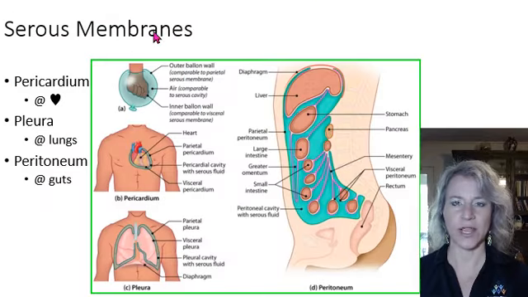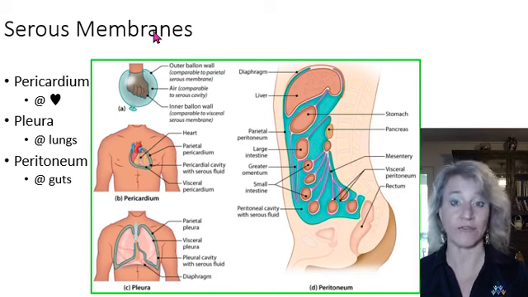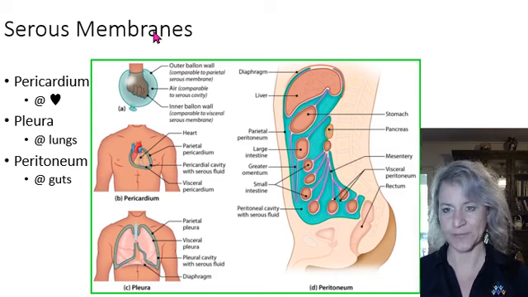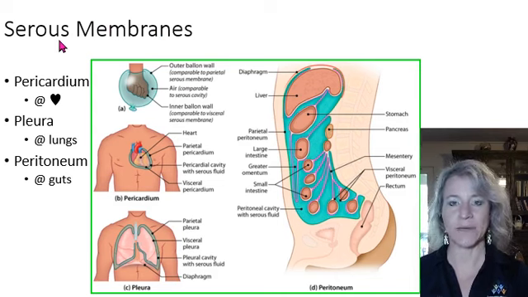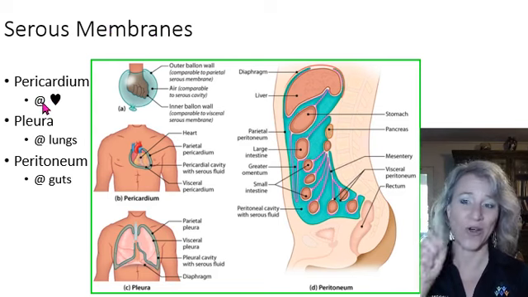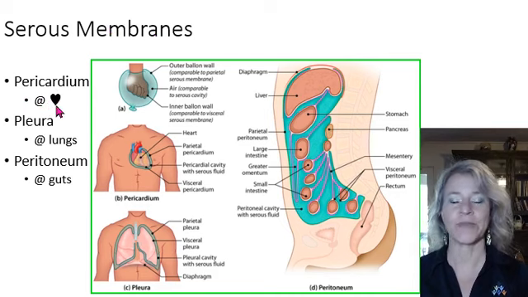So serous membranes secrete serous fluid, which is a clear, water-like fluid. And the serous membranes themselves are clear, shiny, thin membranes. We have these membranes around the heart, which is at the heart. That symbol for me also means around the heart, which is called the pericardium.